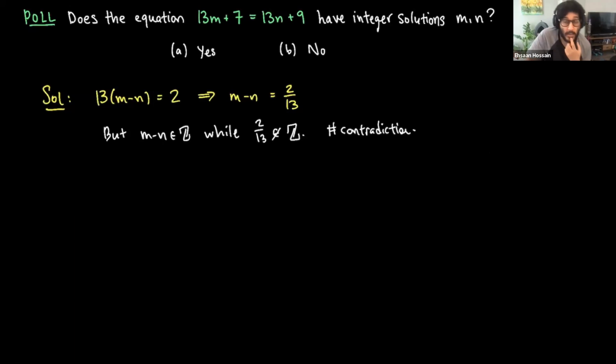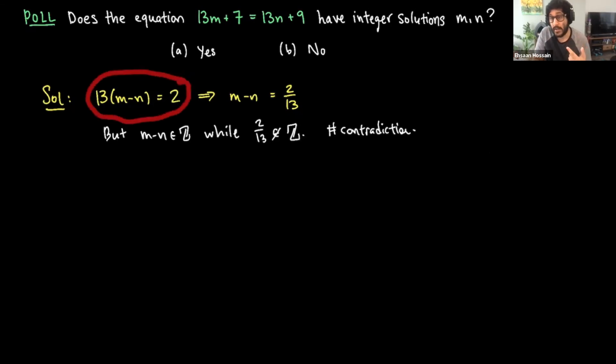Here's a way to think about it. Imagine you're on an alien planet where nobody knows what a fraction is. So nobody's ever seen 2 over 13. Imagine that division by 13 is the same as division by 0. They're just like, you can't divide 2 by 13. That's not an integer. So what would you say at this point, because you're not allowed to divide by 13?